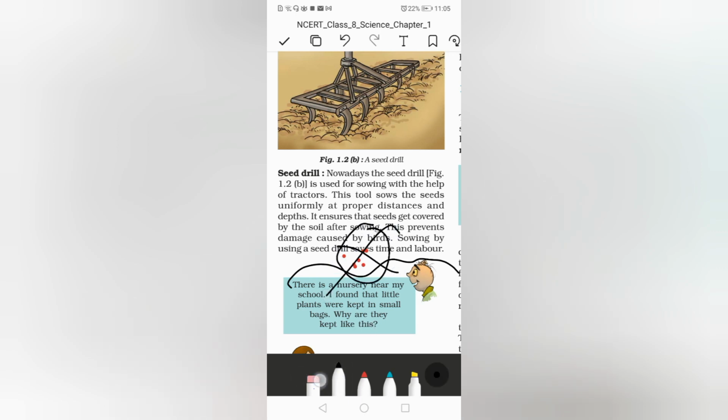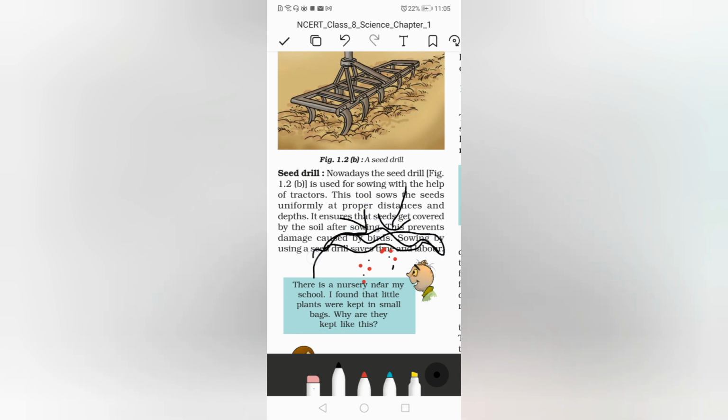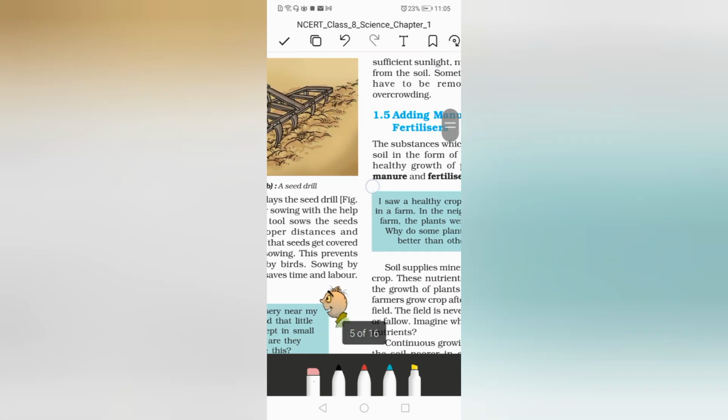So what farmers do, and what we all probably do without knowing it, is put the seeds underground, so that if the birds come, they cannot get it because it's protected by a layer of soil. The seed drill is basically like an advanced version of the traditional tool. I hope that much is clear.